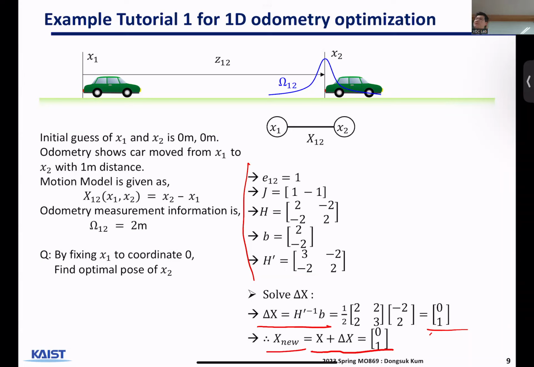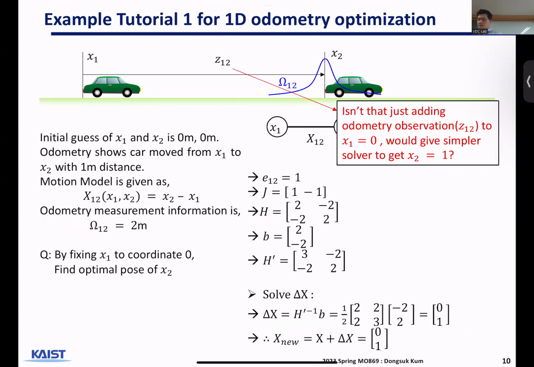But this problem is simple enough that we don't have to iterate this, and this actually converges, and this is the solution, okay? And what this physically means is that x1 is 0 and x2 is 1, okay? But isn't that just adding the odometry observation, where z12 was 1, right? So if we just use the motion model and let x2 equal 1, because x1 was 0.